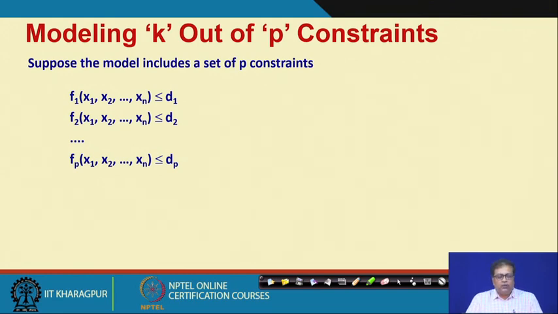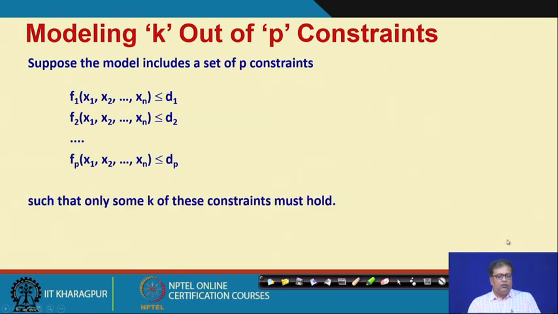How are we going to ensure that out of these p different constraints, k will hold and the remaining will not hold? How do we go about this? Only some k of these constraints must hold. How to achieve this?